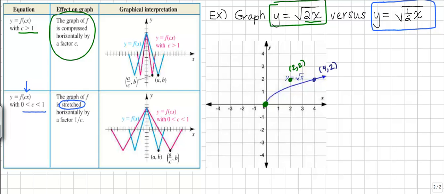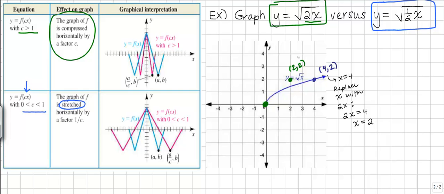So what essentially happens with this technique is that you're taking the x that you have originally, and you're replacing x with something else, in this case 2x, which leads you to the equation 2x equals 4, so x equals 2.